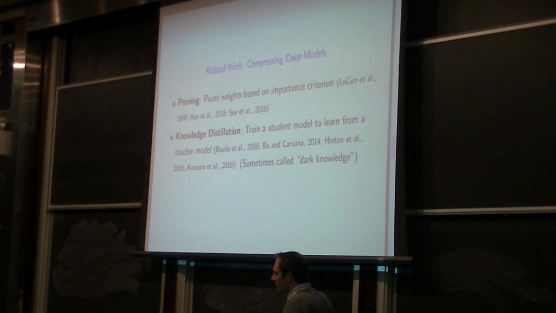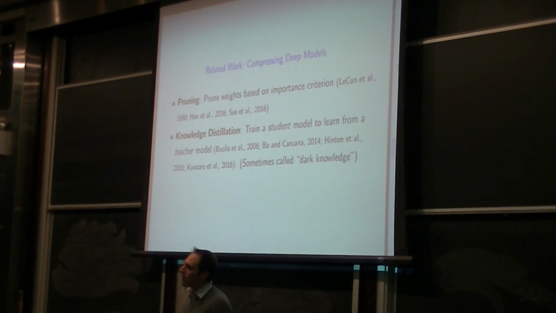The idea here is the following. You train a very big teacher model. Then you, as a post-processing step, train a student model that's much smaller to try to mimic the predictions of the teacher. And it's been shown that this can make much smaller student models that perform quite well.